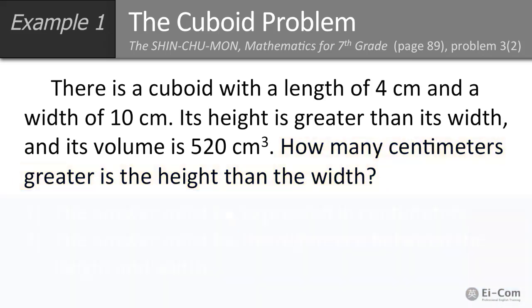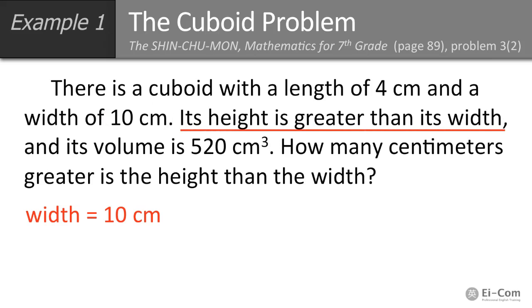So, do we know the values of the height and width? Well, we know the width is 10 centimeters because that is given in the problem. About the height, the problem only says that the height is greater than the width, so we can note that here by using the greater than symbol.